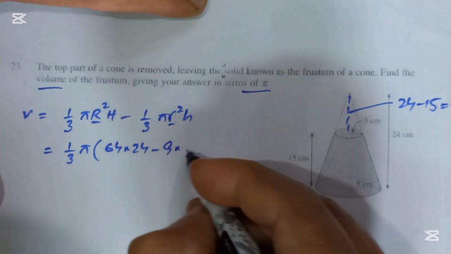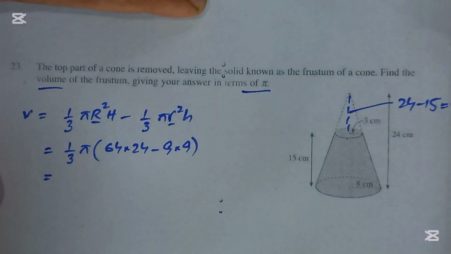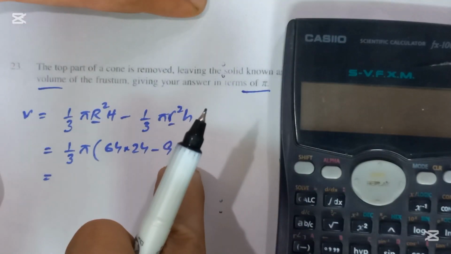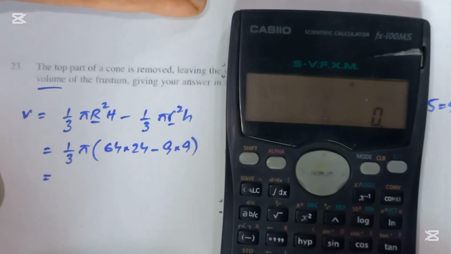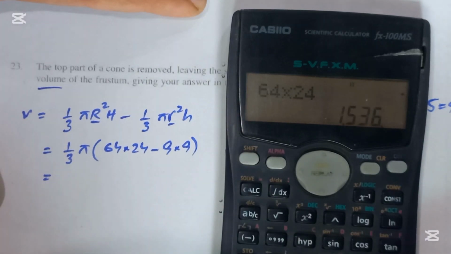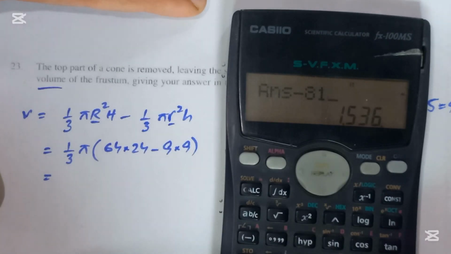So 9 multiplied by 9, and at this point use the calculator. So 64 multiplied by 24 equal, minus 9 nines are 81, multiplied by pi, divided by 3.